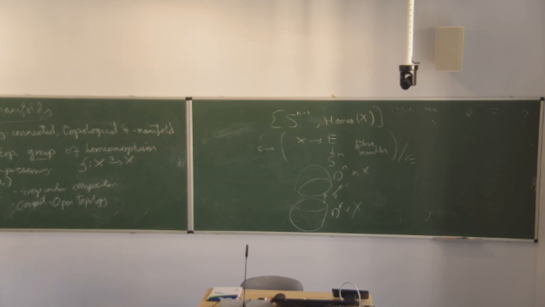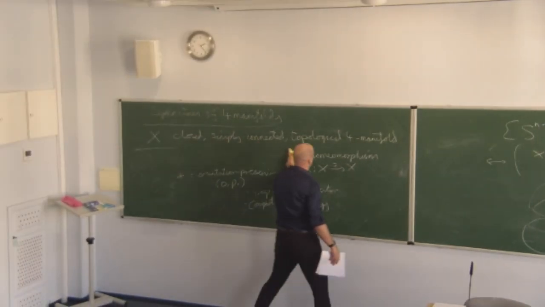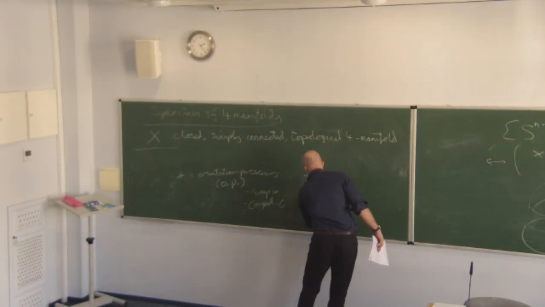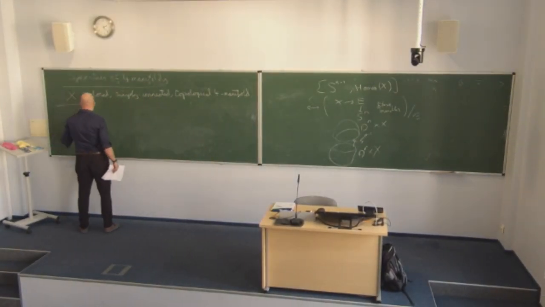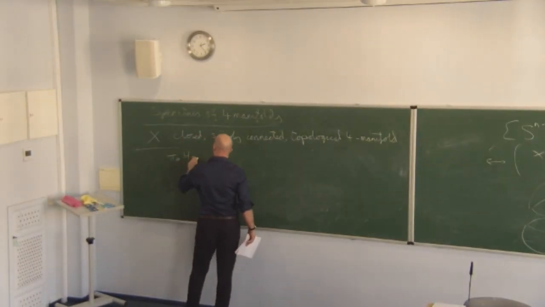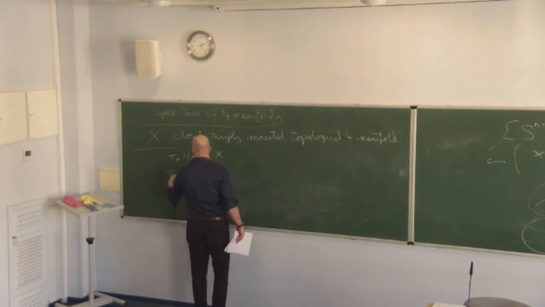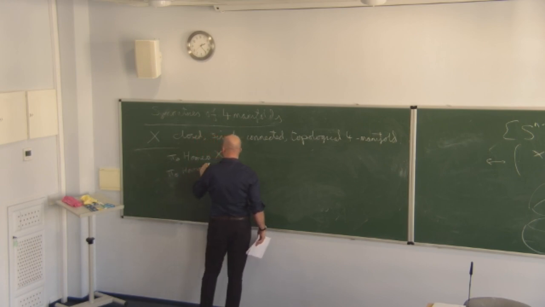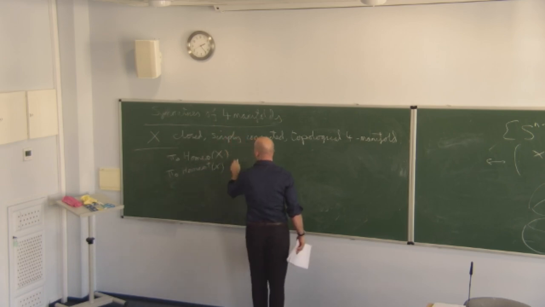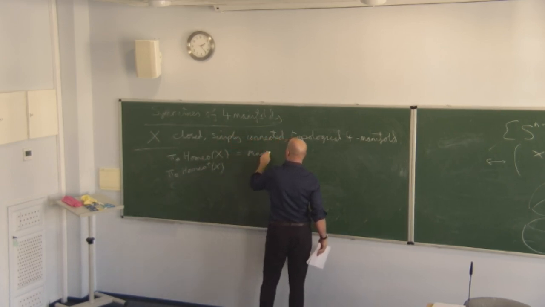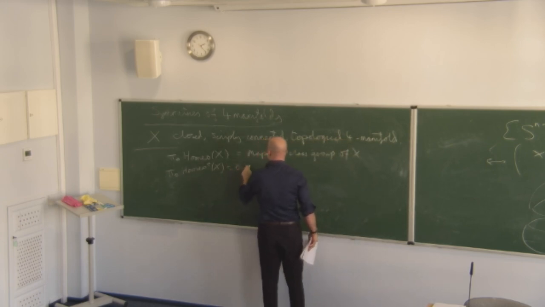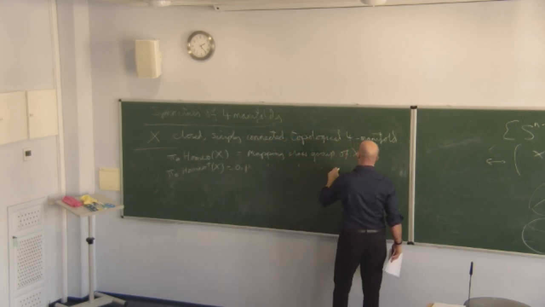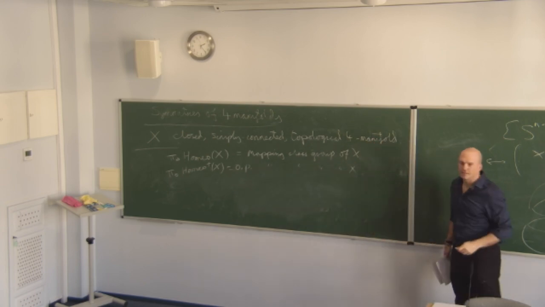In particular, I want to think about pi 0 of this thing: pi 0 of Homeo of X and pi 0 of Homeo plus of X. This is the mapping class group of X and the orientation preserving mapping class group of X. I put the plus there.